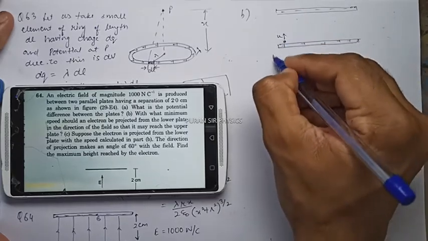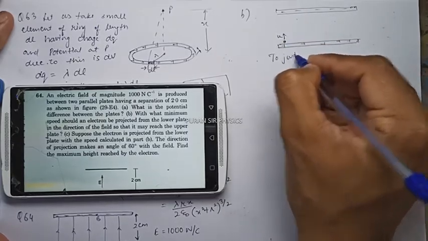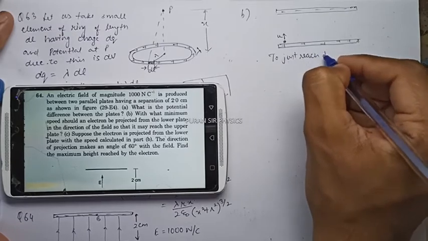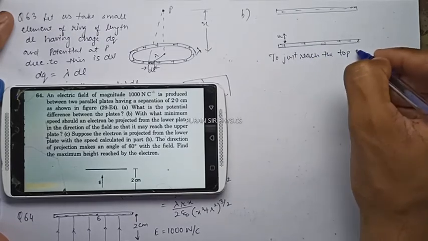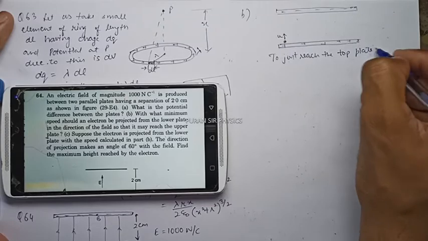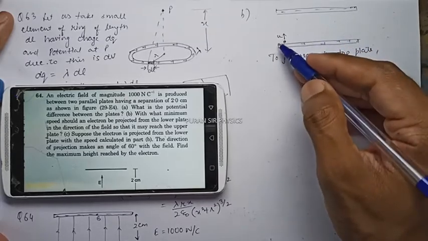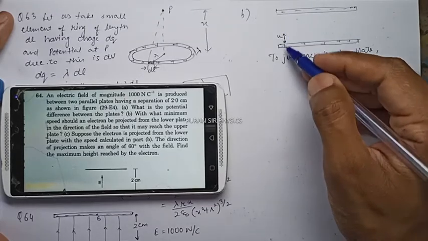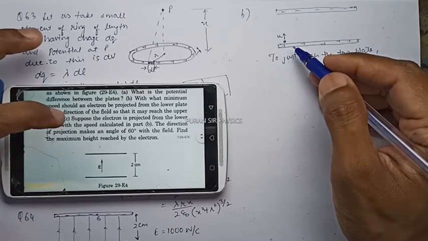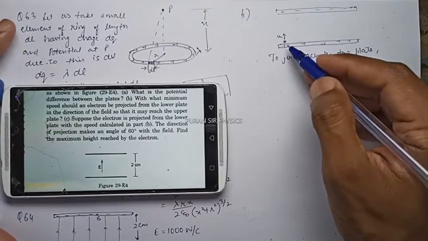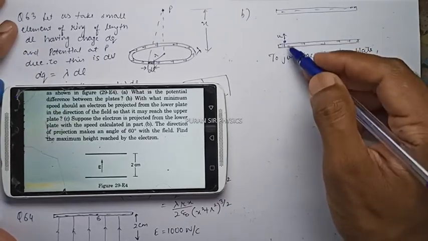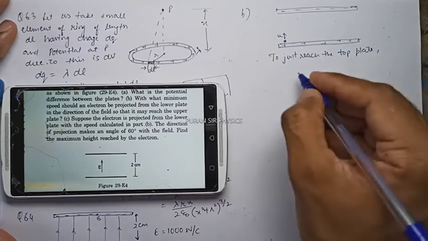So to just reach the top plate, we can say that when it covers a displacement of 2 centimeter, which is the width between the plates, then its velocity becomes 0.